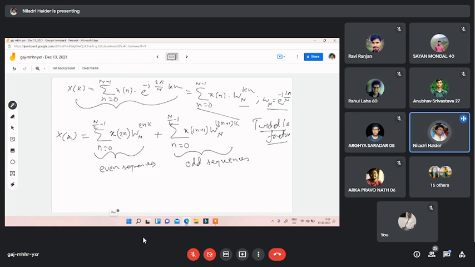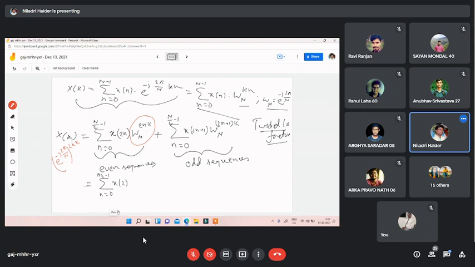And simply if we solve it, the same range will be there, N by 2 minus 1, x of 2n, multiplied by WN to the power 2nk. What can we write? The WN value is e to the power minus j 2 pi by N, that to the power 2nk, isn't it?